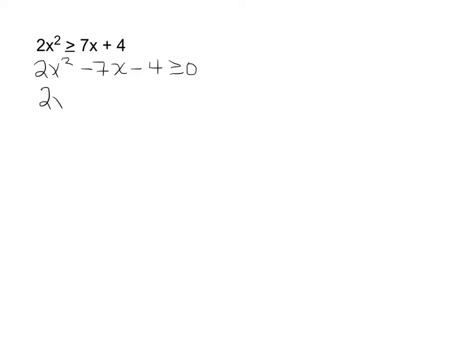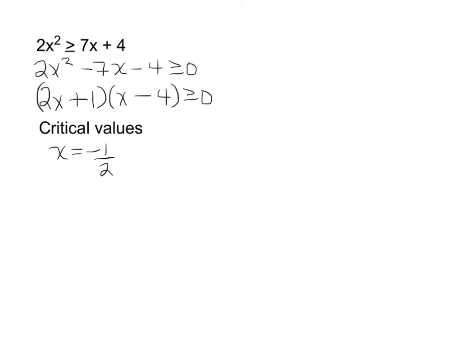We can factor this. 2x squared, that's (2x plus 1)(x minus 4). So then we find our critical values again. Critical values are x equals negative 1/2 and x equals 4.